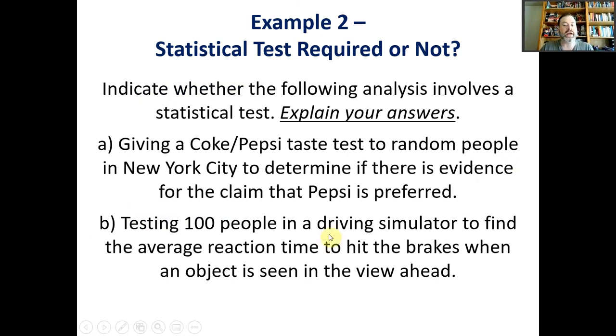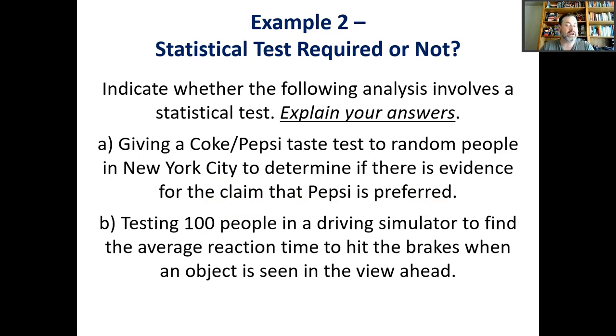Well, we see the word evidence, so that's a good sign that it's a statistical test. The other keyword we're looking for is this word claim that Pepsi is preferred. So this is talking about the population, even though it doesn't say anything about the population. It's implied that this is saying the claim that Pepsi is preferred in the population.